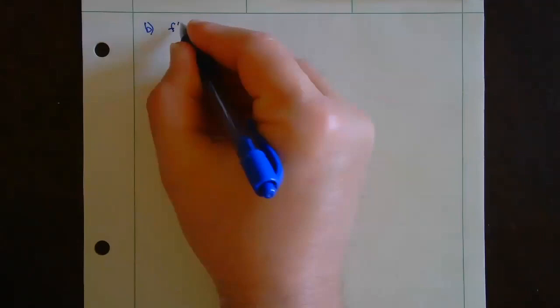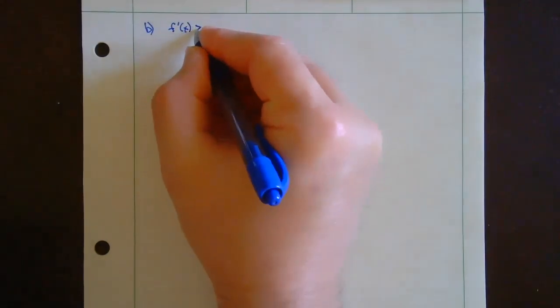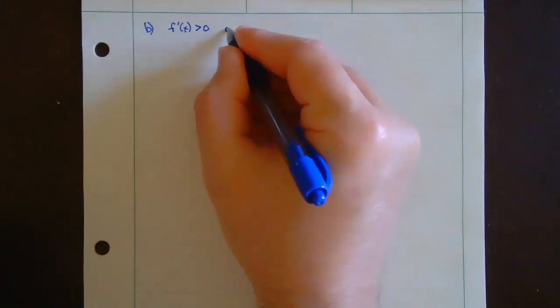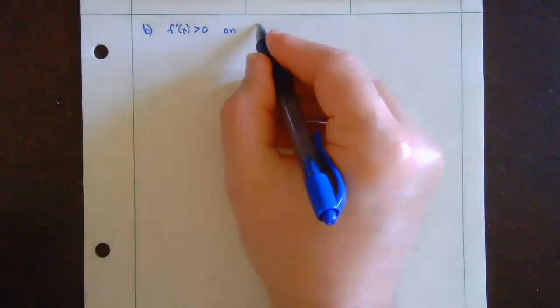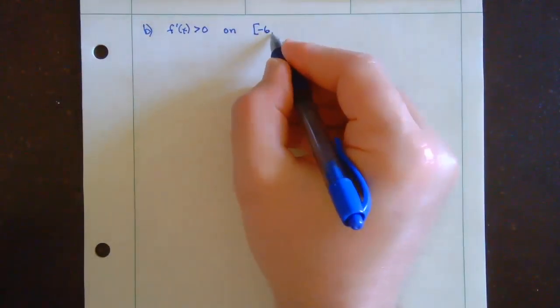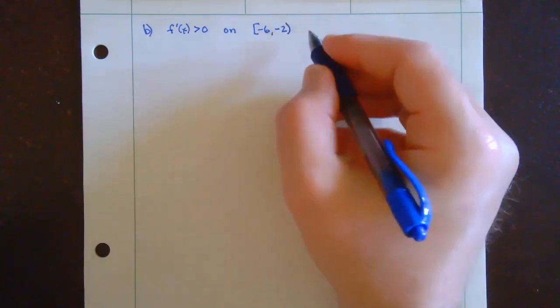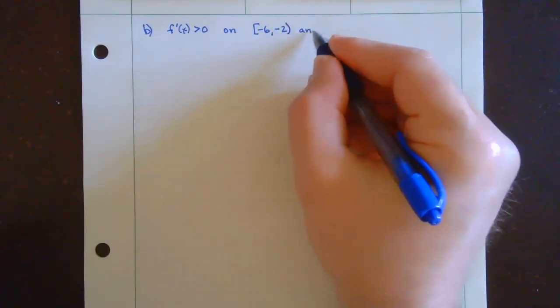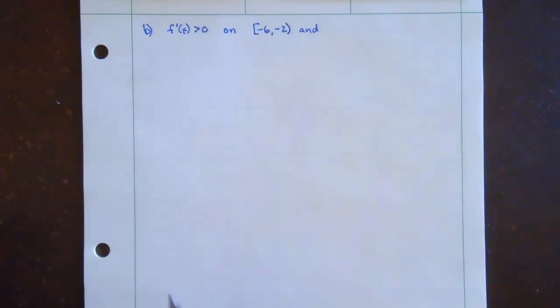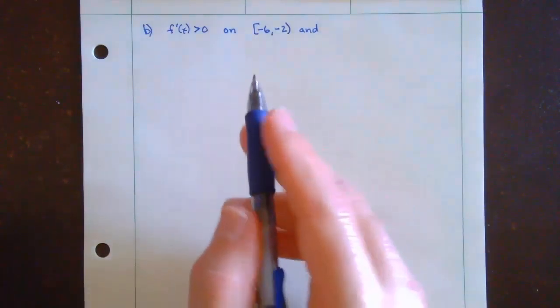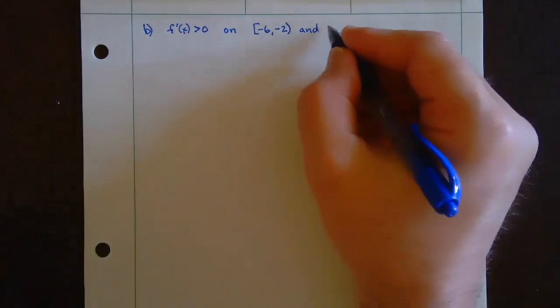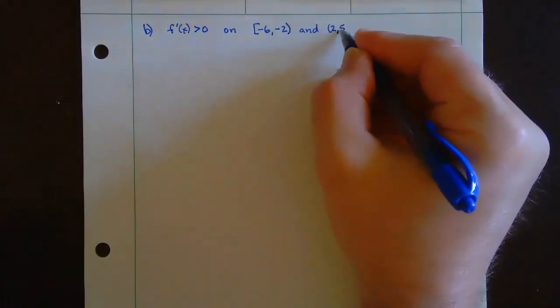So f prime of x is greater than 0 on -6, including -6, to -2, or you could put a union here, and it's also positive between 2 and 5.